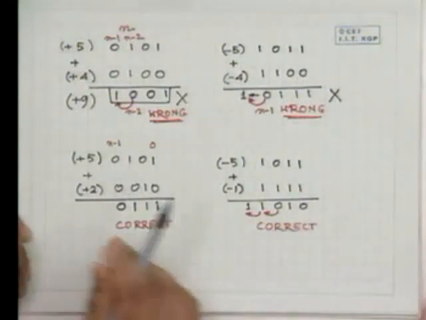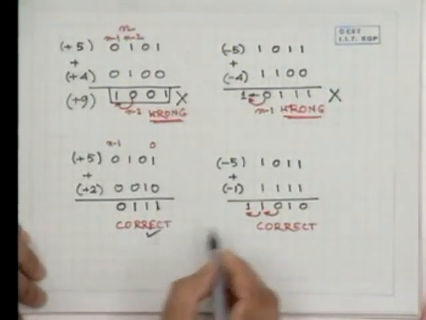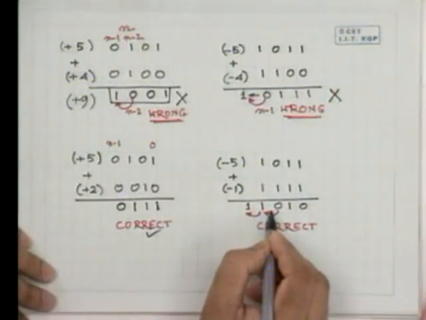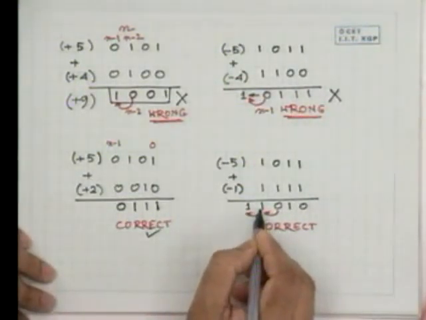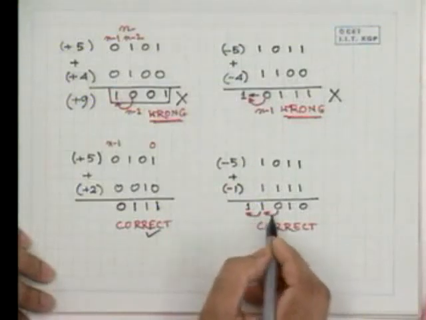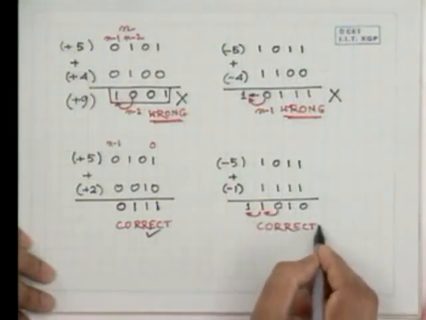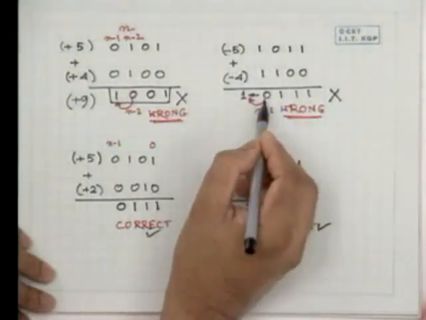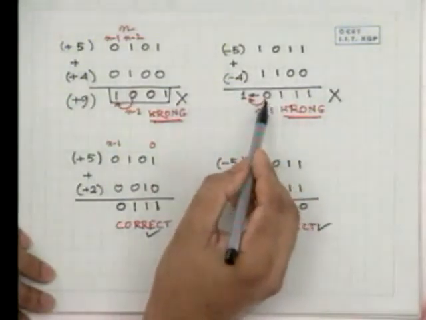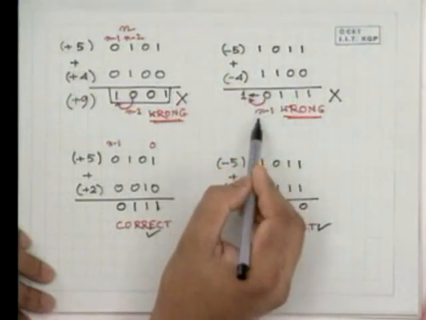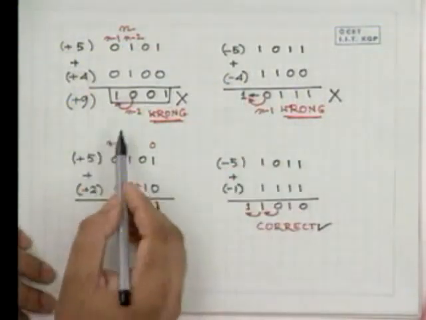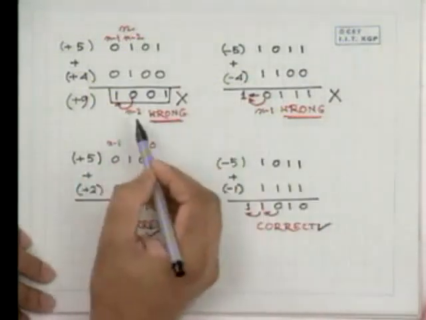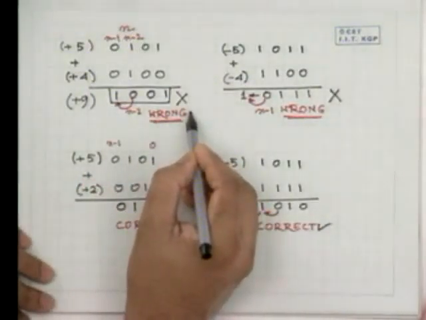Or if there is a carry out of the n minus 2 bit as well as the most significant bit, the n minus 1th bit, if both carries are there, then also we call the result correct. But if there is only one carry, that means the carry from the most significant bit, the n minus 1th bit, or the carry from the n minus 2 bit, there is only one carry, then we say the result is wrong.